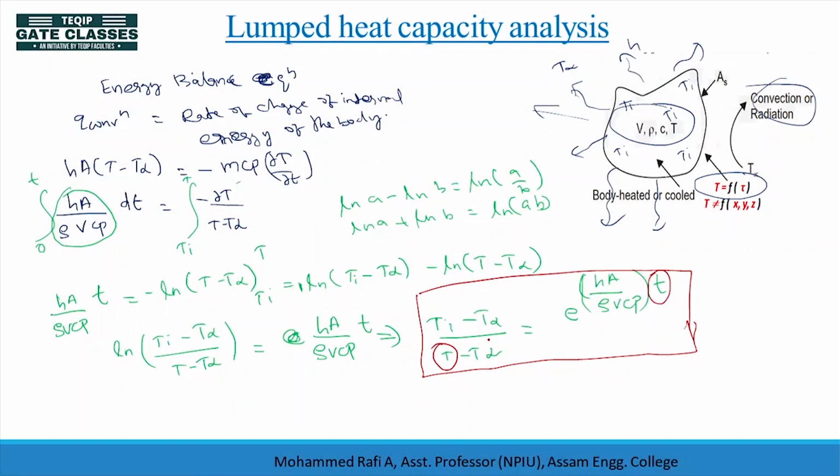In case of critical radius of insulation also, we were not bothered about time. But now, in a very primitive way, we are trying to find the temperature at any particular time in the lumped heat capacity analysis. So this expression gives a brief idea about the temperature profile at any random time.